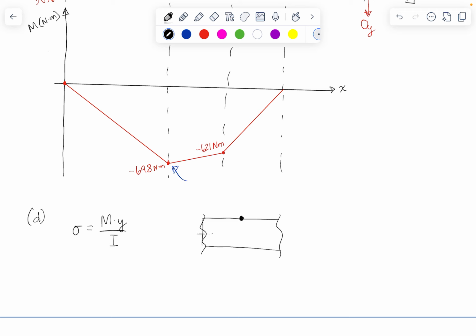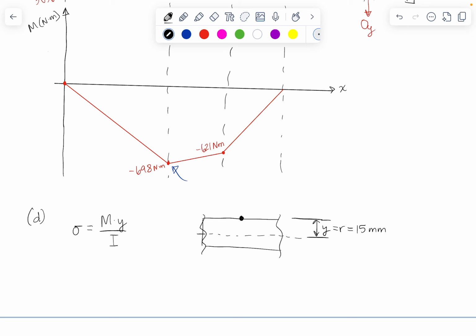And that is going to be at a distance from the neutral axis for a solid circular shaft that's equal to the radius of the shaft. So this is our distance y that we need, and it's equal to our radius. We were given that this is a 30 millimeter diameter shaft, so that's 15 millimeters for our radius.